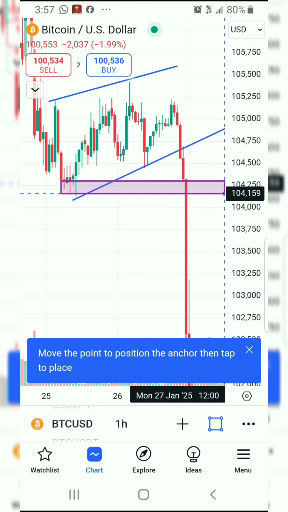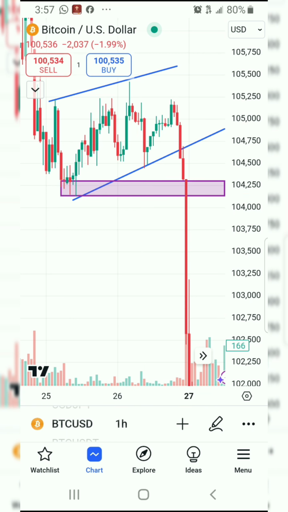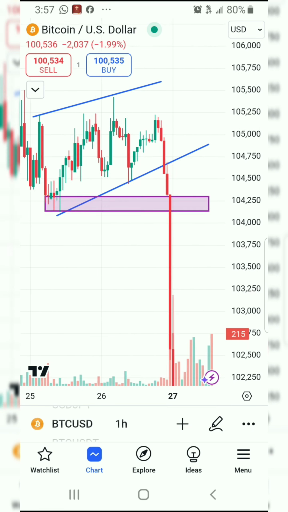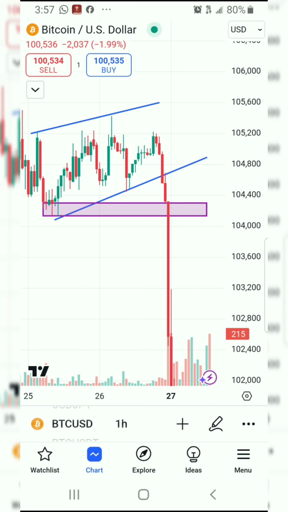And fortunately, price broke that level, broke down, which was very good. So this level I've marked here with this rectangle is just for purposes of the first TP.